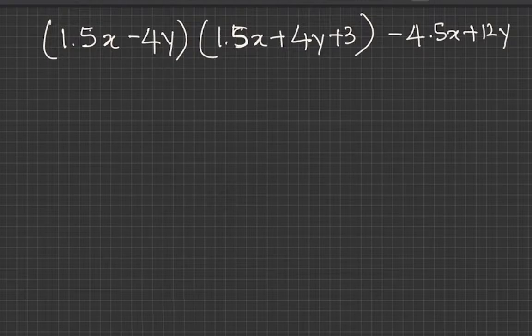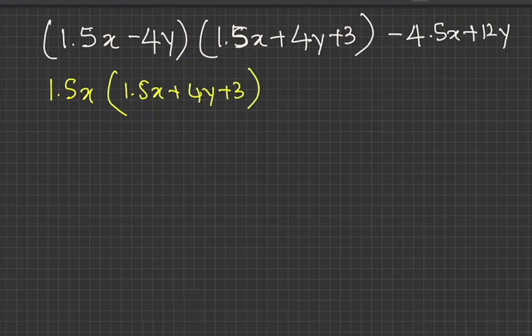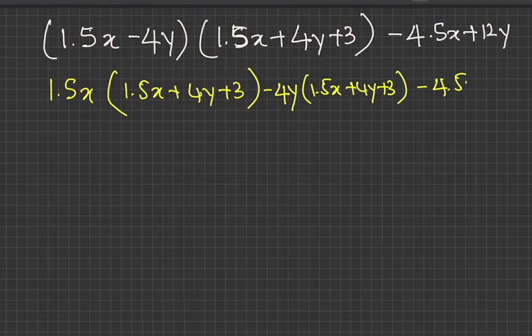So let's do this first. 1.5x times 1.5x plus 4y plus 3, times, so negative 4y times 1.5x plus 4y plus 3, then minus 4.5x plus 12y, right?